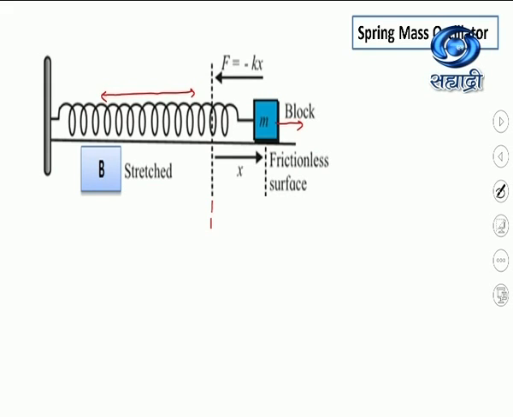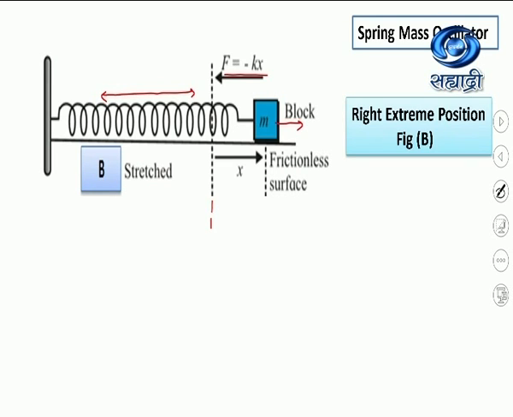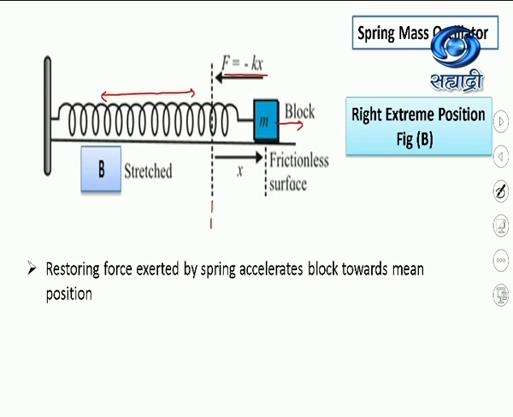So the force which is acting on the block is given by F is equal to minus kx, and it is directed towards the mean position, and the displacement is directed away from the mean position. So this is a diagram indicating the right extreme position of the block.